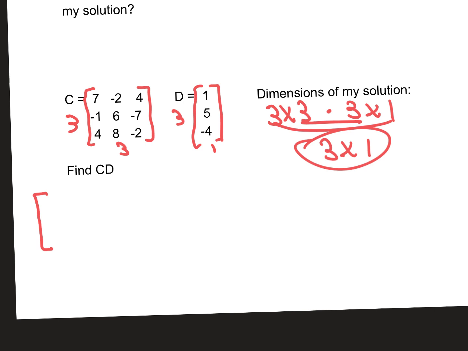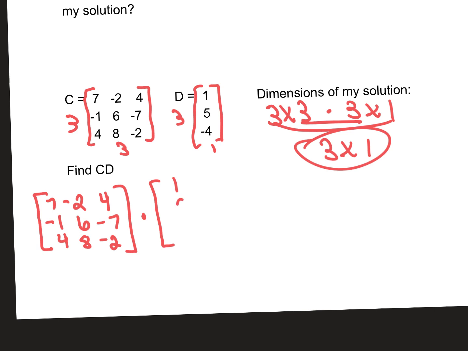Okay, so I'm going to write that down here. I'm going to do C, which is 7, -2, 4, -1, 6, -7, 4, 8, -2. We are going to multiply that by our 1, 5, -4.